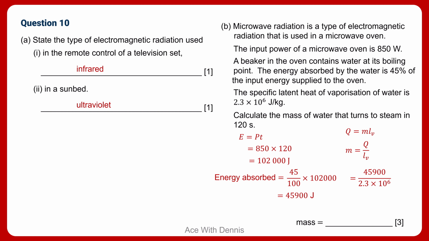Q is the energy absorbed, which is 45,900, divided by L_V, which is the specific latent heat of vaporization of the water, 2.3 times 10 to the power 6, and we'll get 0.0200 kg rounded to 3 significant figures. Hence, the answer is 0.02 kg.